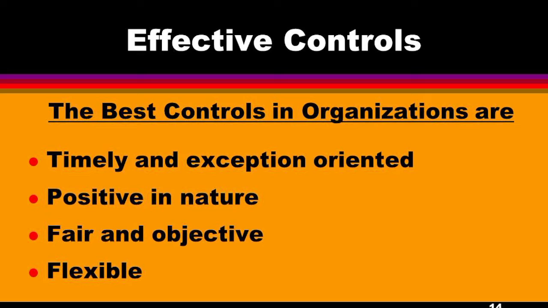His thinking or thought process should be positive towards the achievement of organizational objectives. Fair and objective. He should be fair in communicating and giving feedback to the organization, and also flexible.